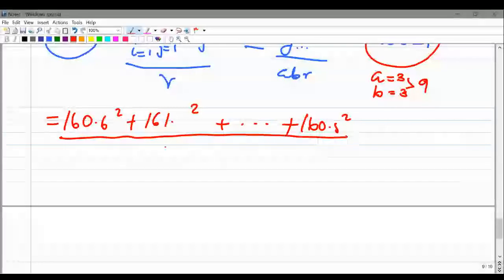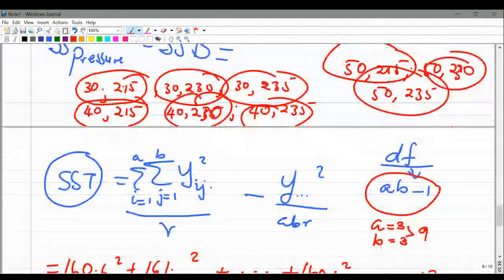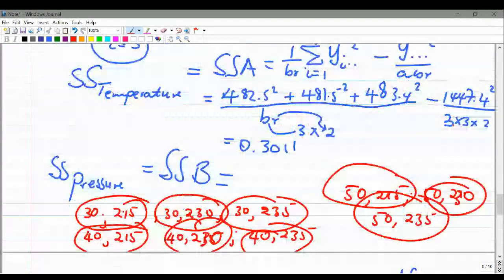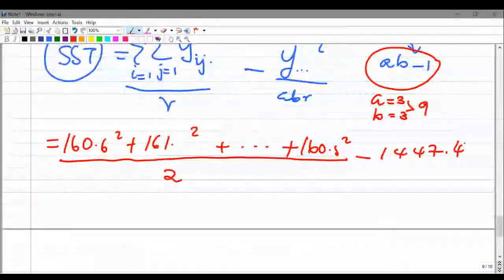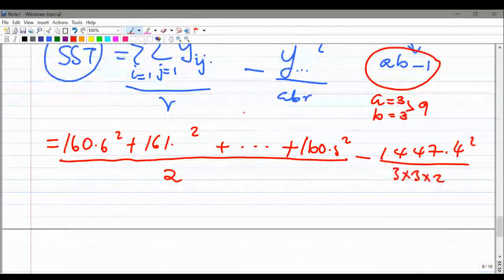You divide by the number of replications from each cell, which is 2, minus 1447.4 squared. Divide by 3 by 3 by 2.